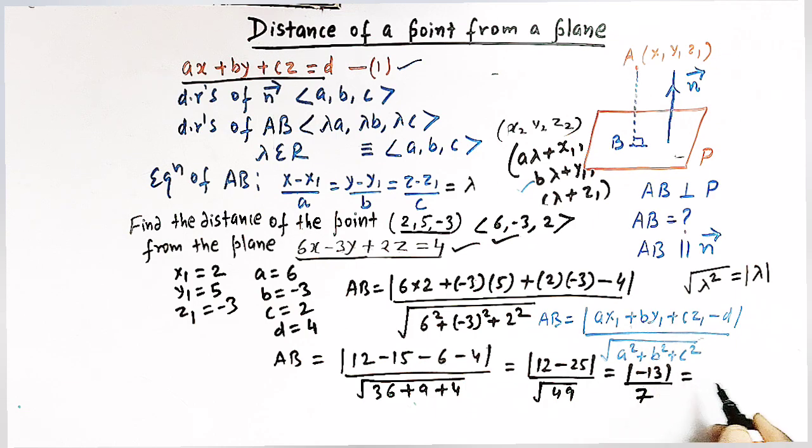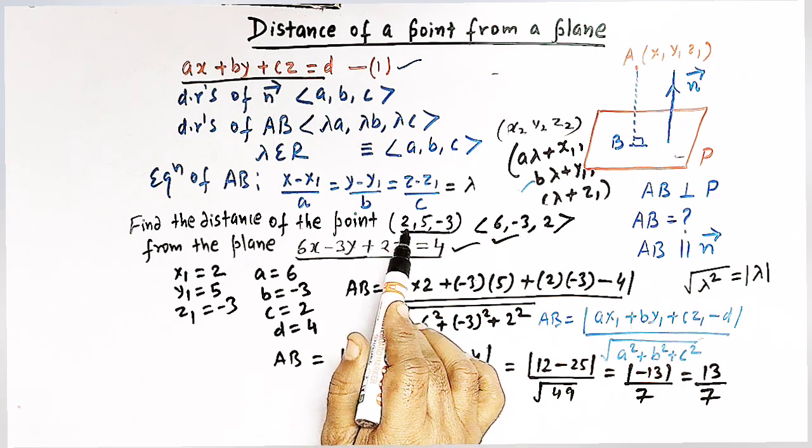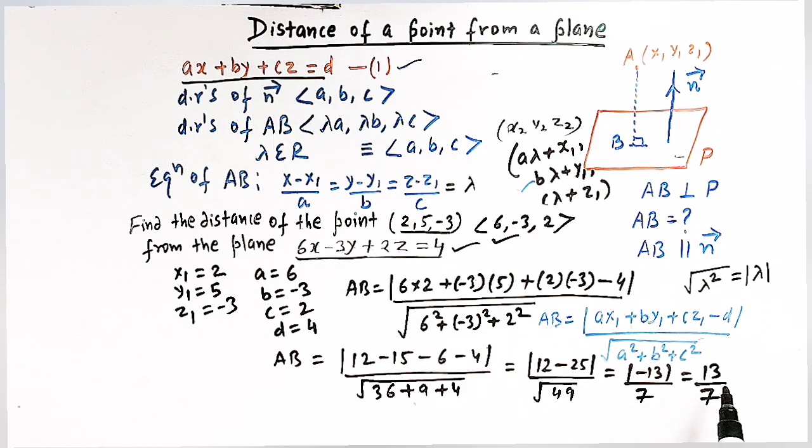And mod of minus 13 is simply positive 13. So we have 13 over 7. So the perpendicular distance of this point from this plane is 13 over 7 units.